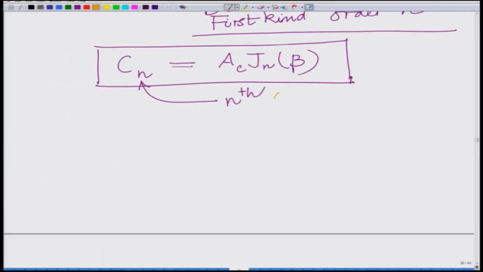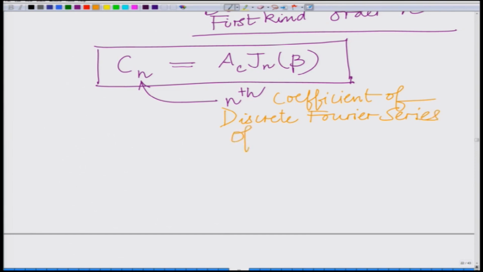This is the nth coefficient of the discrete Fourier series of s_b(t) equals Ac e to the power of j beta sin 2 pi fm t.